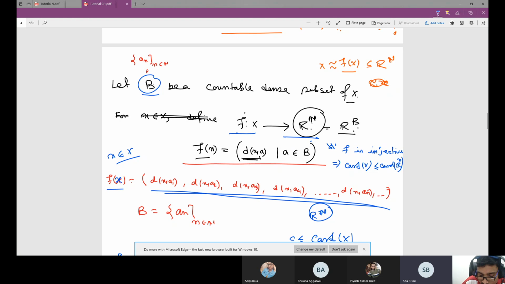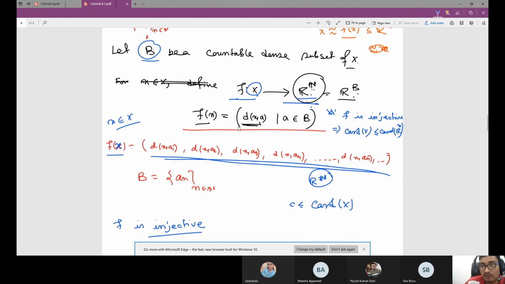If f is injective, then R power n will contain a copy of X. In other words, X is a subset of R power n, and therefore the cardinality of X is less than or equal to this.